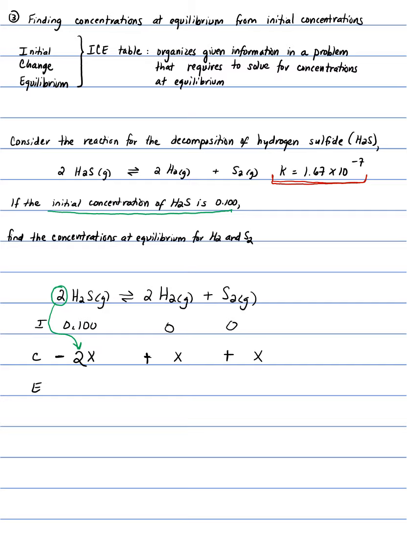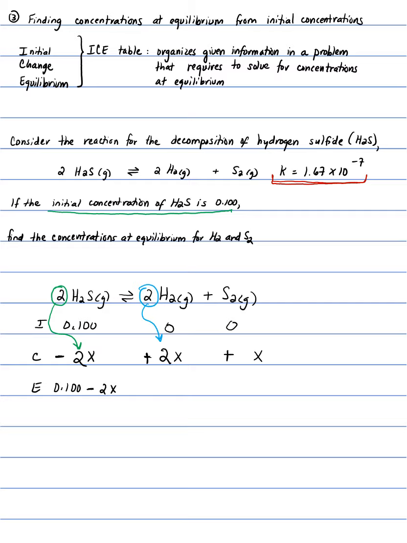So another thing is that you have your coefficient, and we need that number in front of that change. For S2, your coefficient is just 1, so I'm not writing it down. So now let's see how we get the equilibrium concentration, which is what we're trying to find. Your equilibrium is given by, look, your initial concentration changing by that amount.